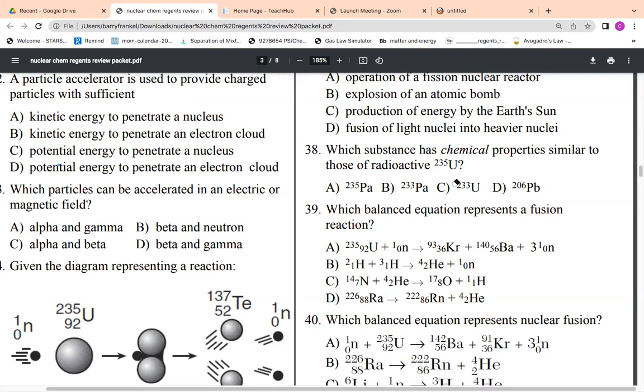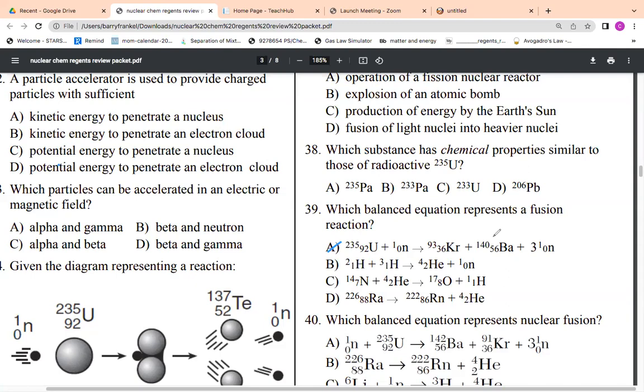Next one. Which balanced equation, and right now we don't know the word balanced yet, but we will know it in a few units from now. So which balanced equation represents a fusion reaction? Again, what we want to look for is two very lightweight nuclei combining to make a heavier atom. So in choice A, I should be able to, at this point, automatically recognize that this is fission. Taking uranium and breaking it up into krypton and barium, two smaller elements.